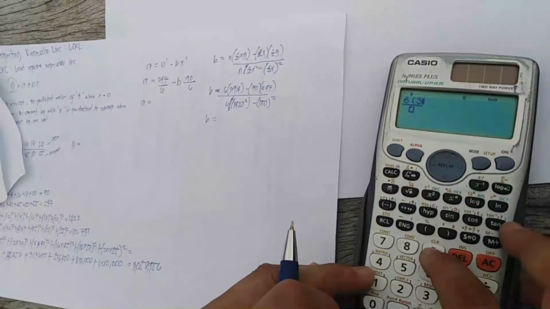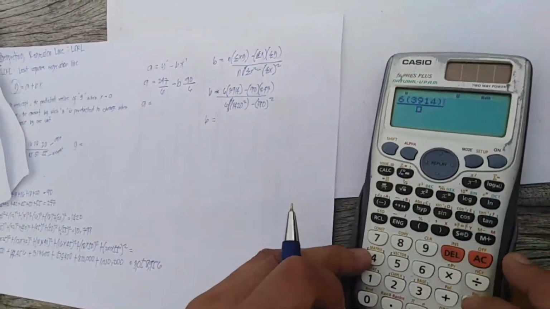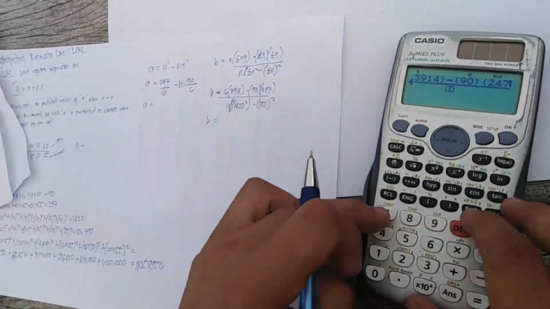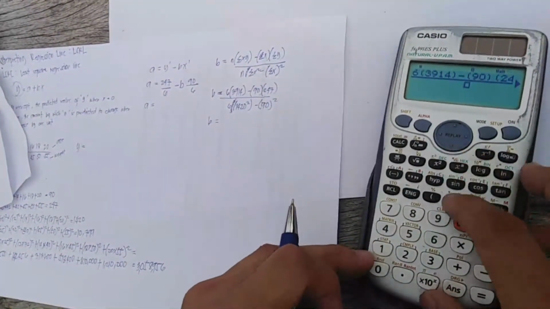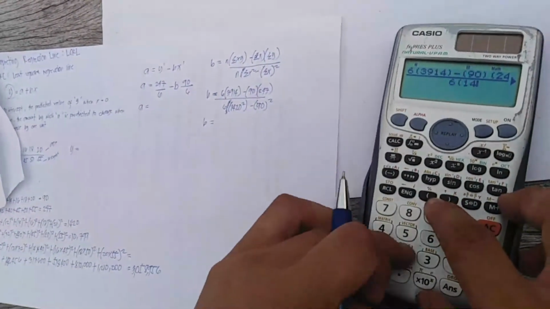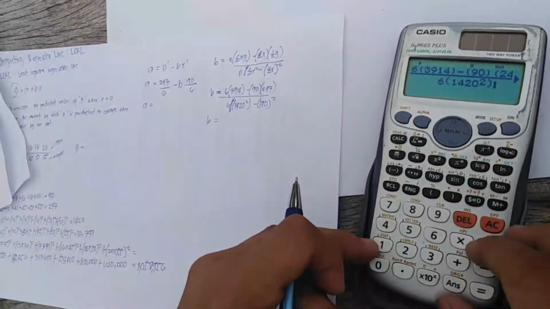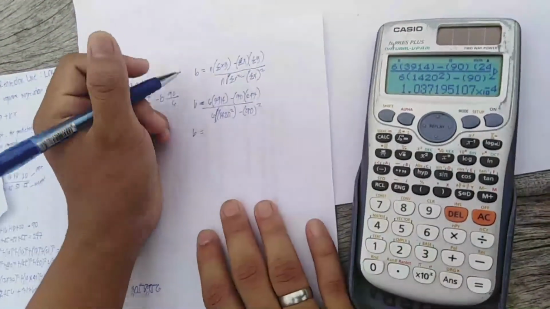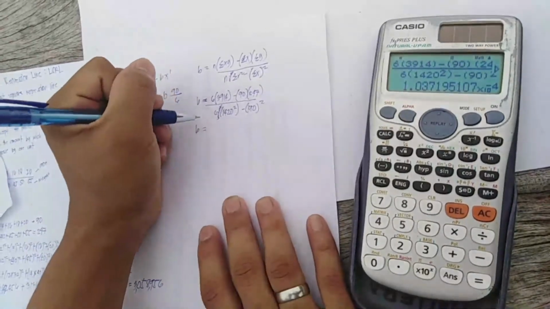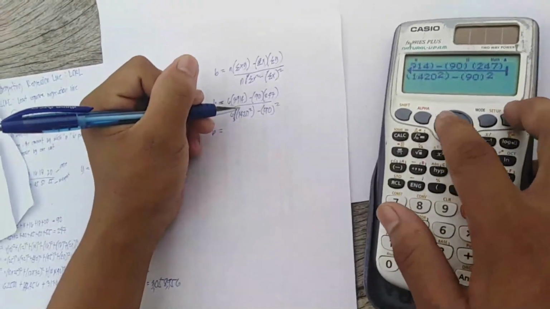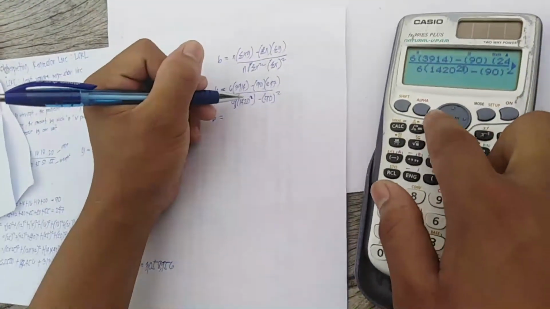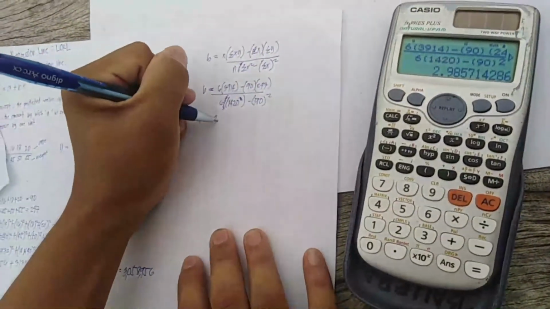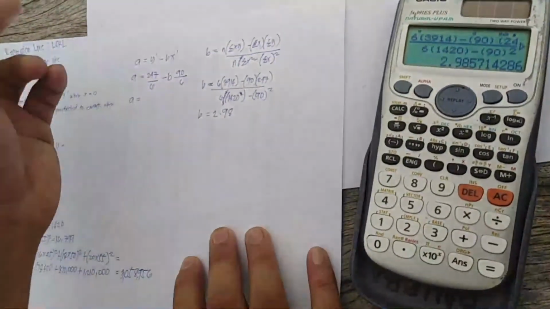So, ang b natin ay 6 times 3,914 minus 90 times 247 over 6 times 1,420 minus 90 squared is equal to 2.98 value ng b.